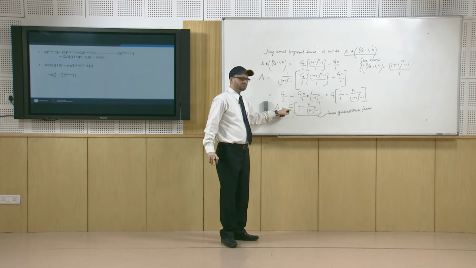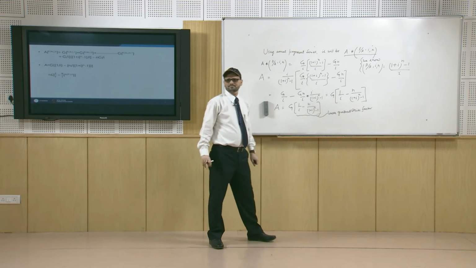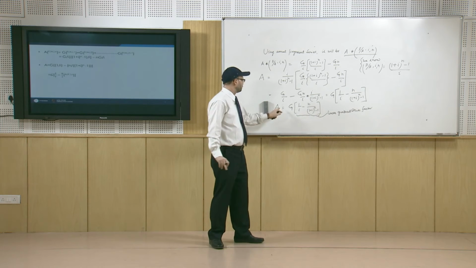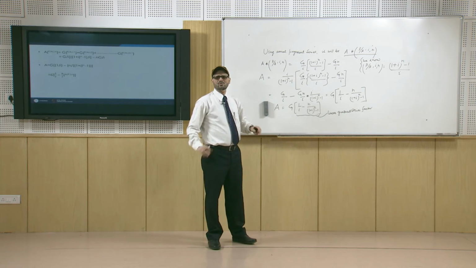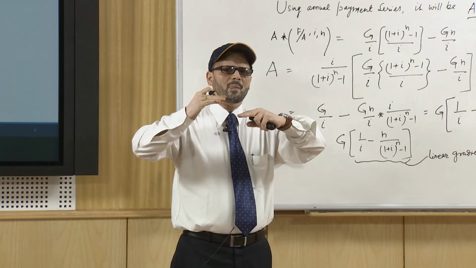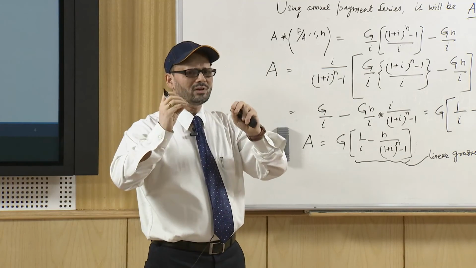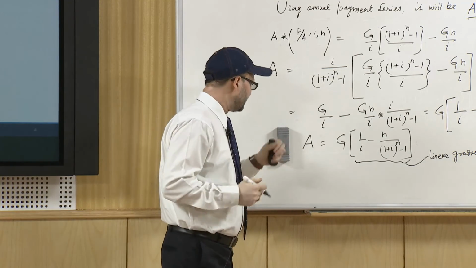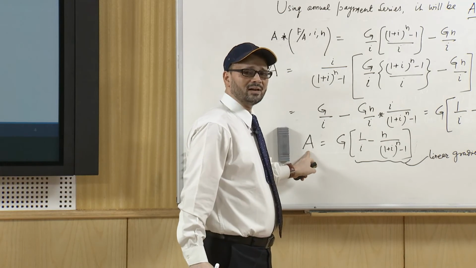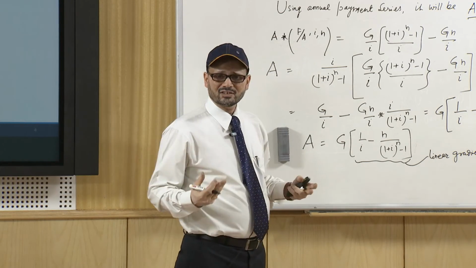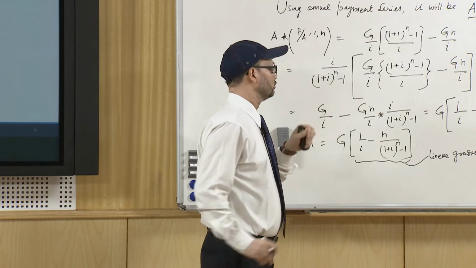You know the g, you know i and n. So, from here you can calculate the net value of annual equivalent payment, either it will be f1 plus A or minus A depending upon the sign of A you get.